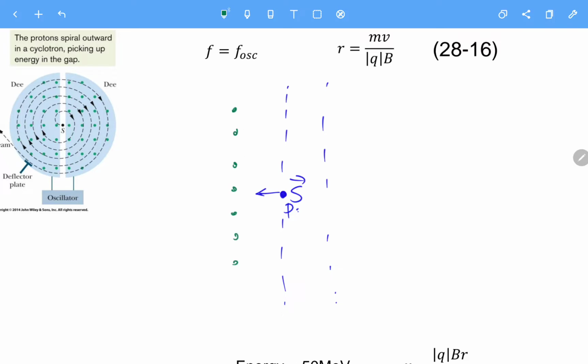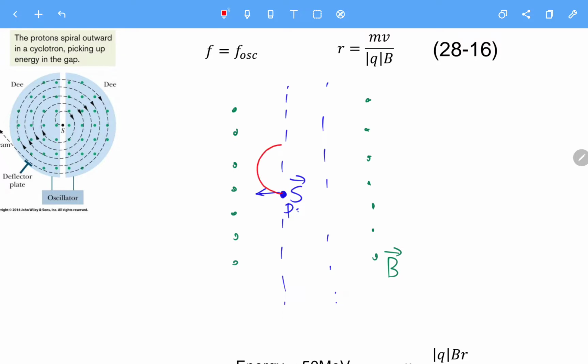I just draw some B field pointing out of the page. So this is a cross field, and then this particle will be in a circular motion like this. Maybe I draw it smaller.